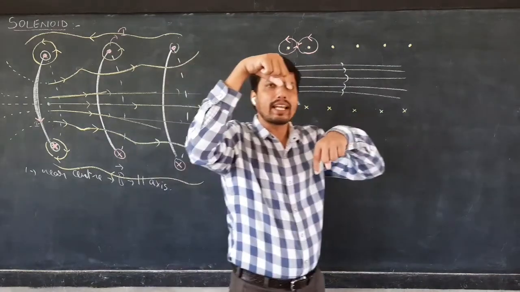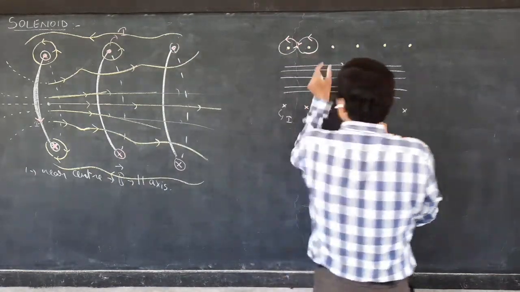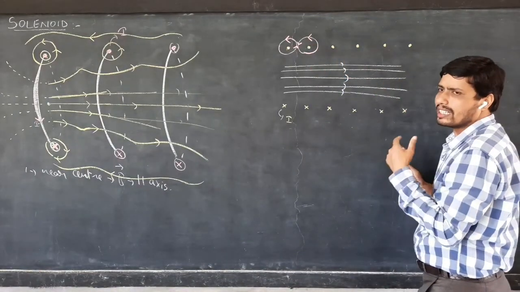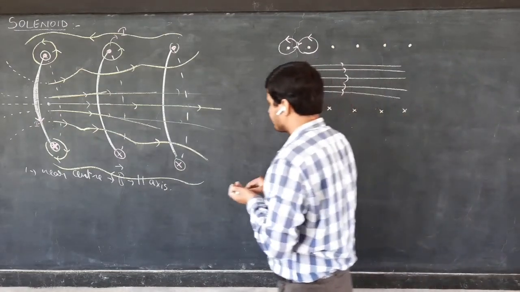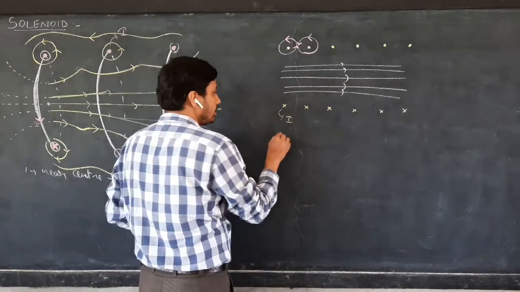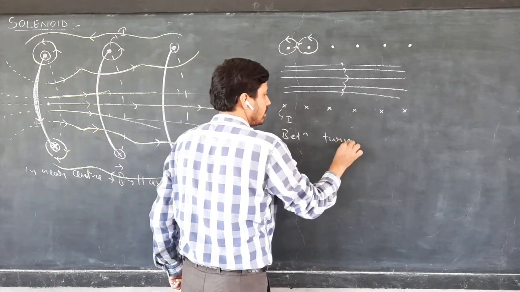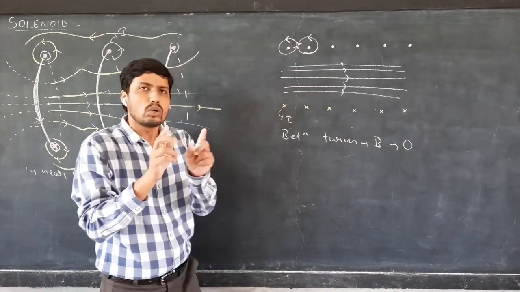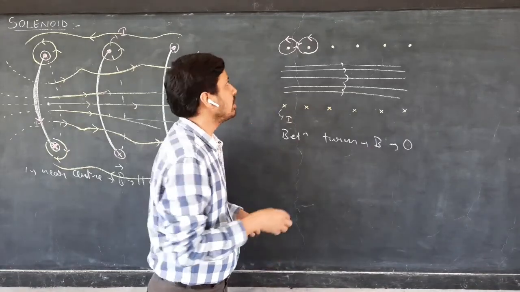So they tend to cancel each other between the turns. So in between the turns, the magnetic field will be very negligibly small. Between the turns, the magnetic field approaches 0, because the two adjacent turns will have a magnetic field in opposite directions.